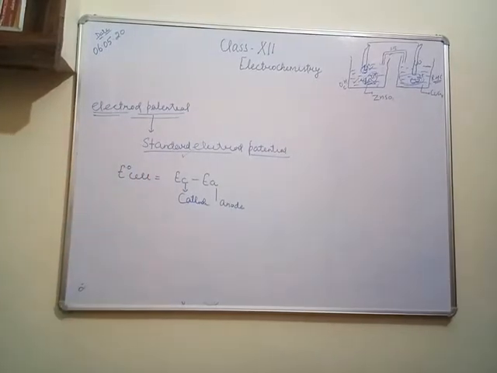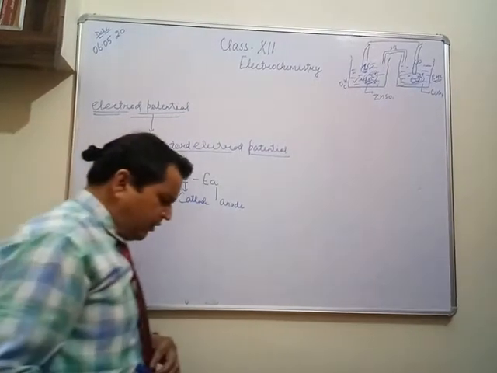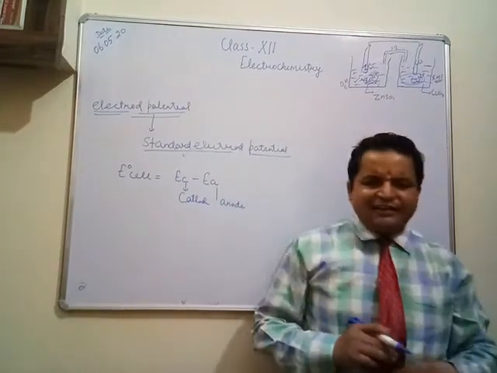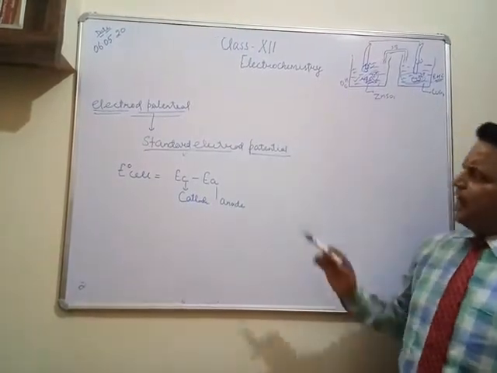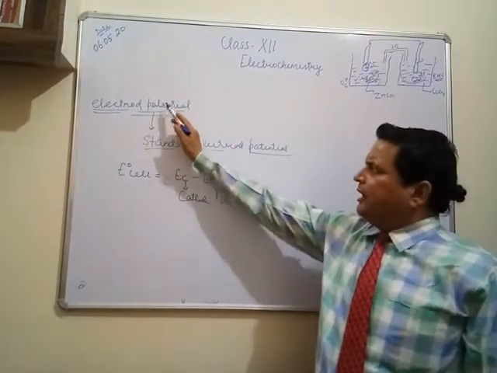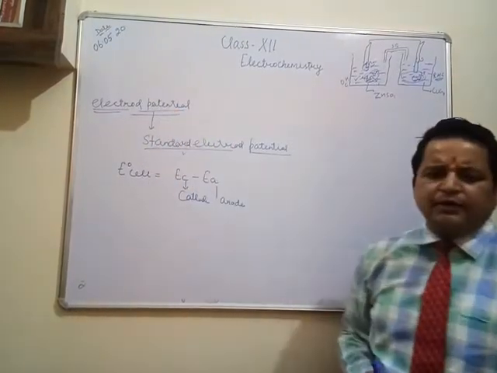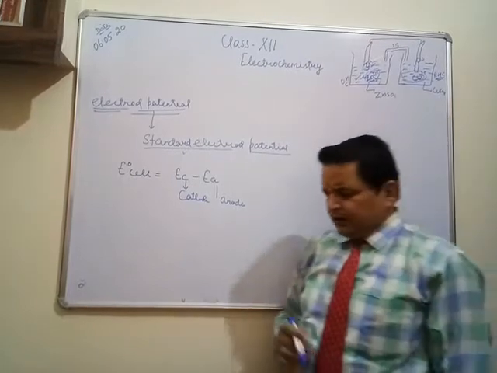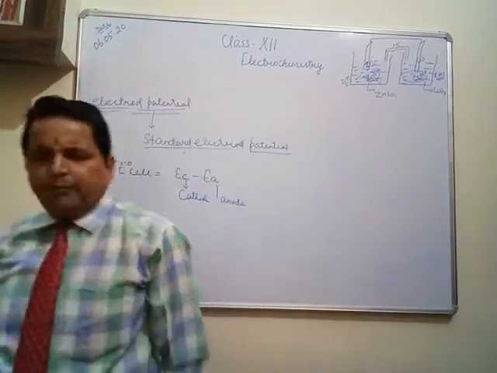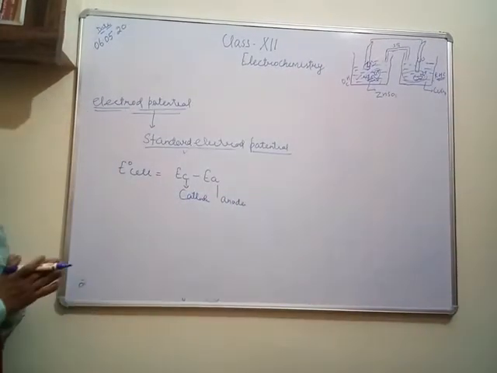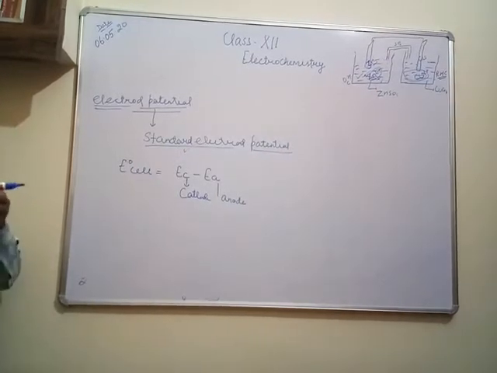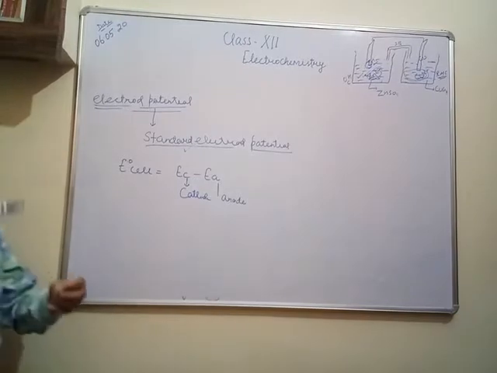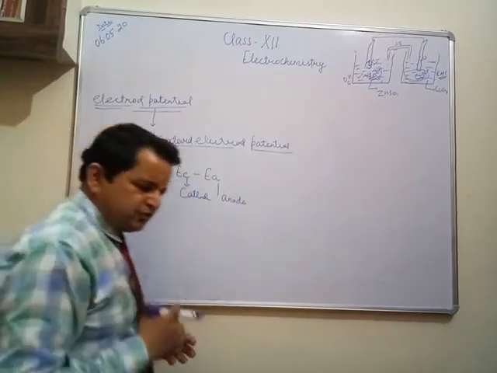In your book itself, the electrode potential series has been given. Generally here in this chapter, whenever I talk about the electrode potential, it is concerned with reduction potential. Reduction potential means the value of any particular assembly of the electrode, how much power it has to get reduced or to get oxidized.